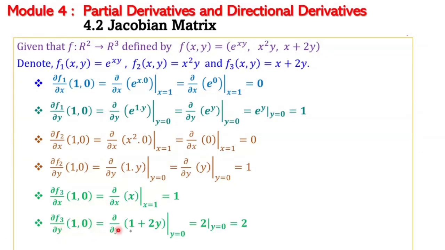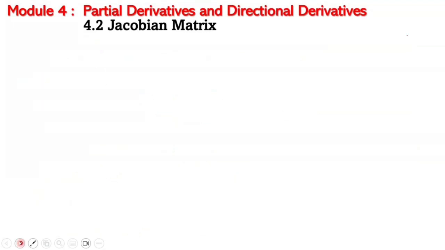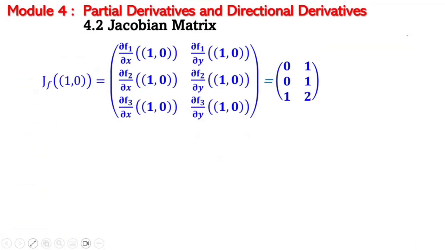And f3 with respect to y is 2, because the derivative of 2y is 2. So we get the Jacobian matrix for the function f, which is 0, 1, 0, 1, and 1, 2.